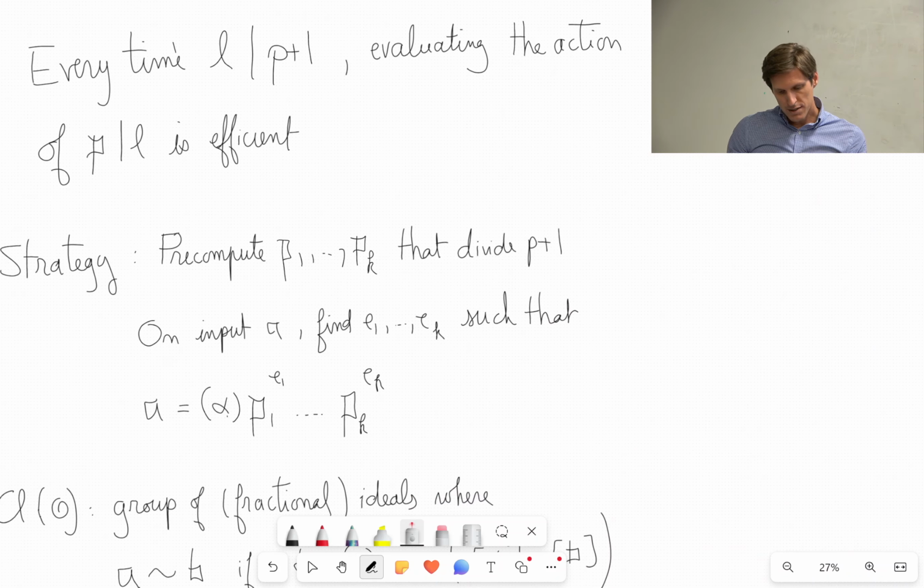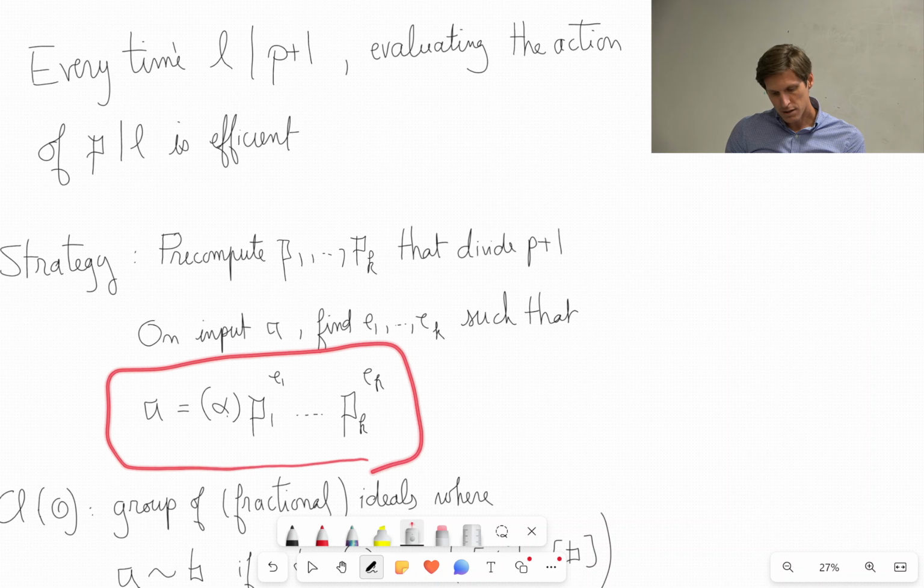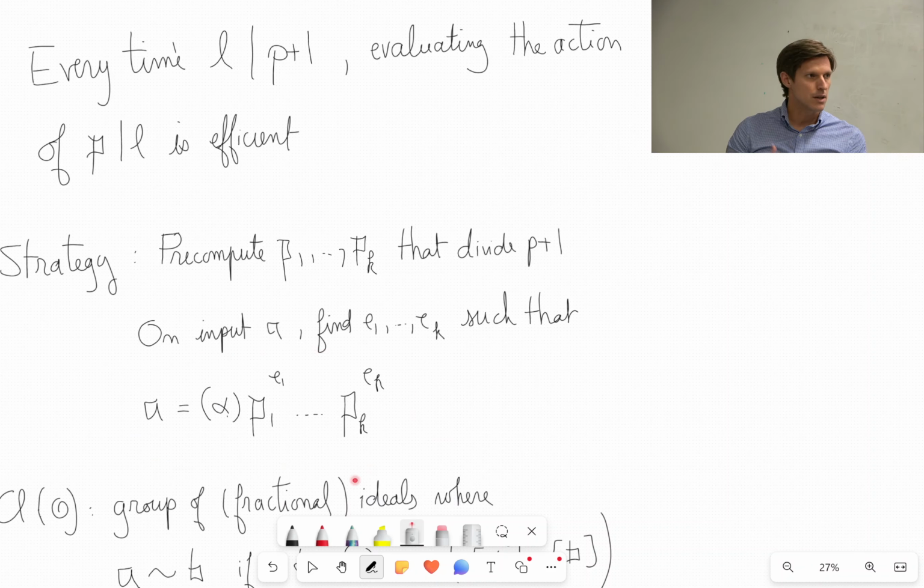And remember what I said before, typically if I give you an ideal of very large norm, it's going to be hard to evaluate directly, but if somehow you can break it down into a product of small prime ideals, and those prime ideals individually are chosen so that the action of each is easy to calculate, then you're going to have an easy time evaluating the action of an ideal despite the ideal having a very large norm.